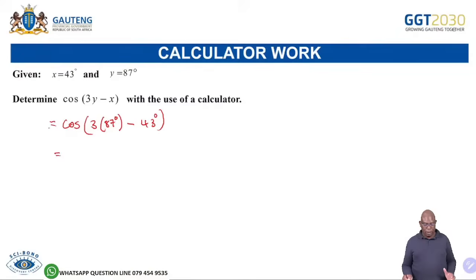Cos, open bracket, 3 multiplied by 87 minus 43. From there, the answer you must get is negative 0.79. Please do not write degrees here, because this is no longer a degree. This is a value of that. So please do not write degrees.